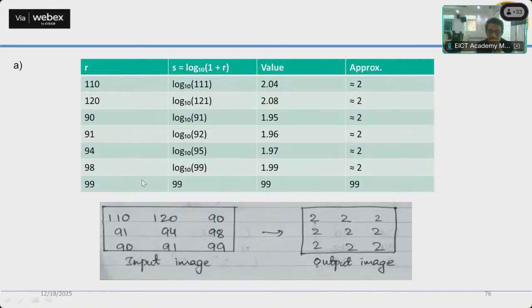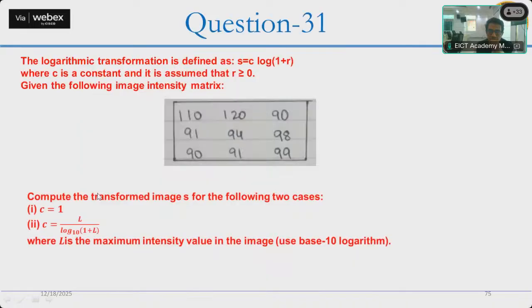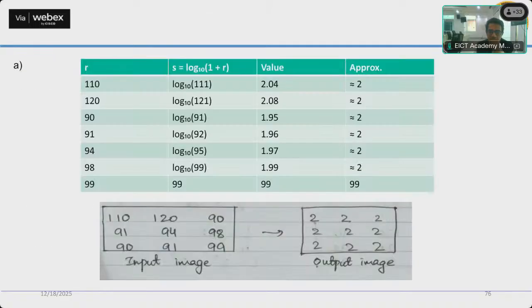And R is basically 99 here. So it has been written in this way. Is it okay? But here is some problem at some place.